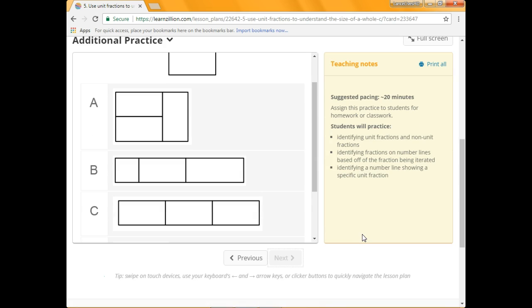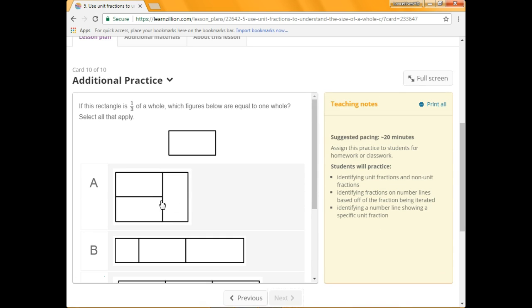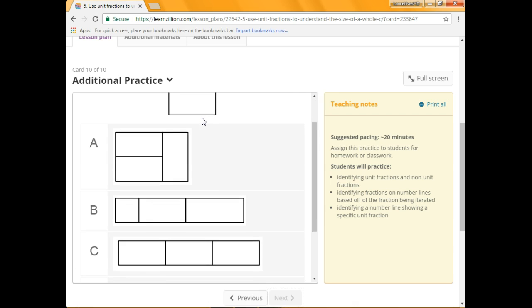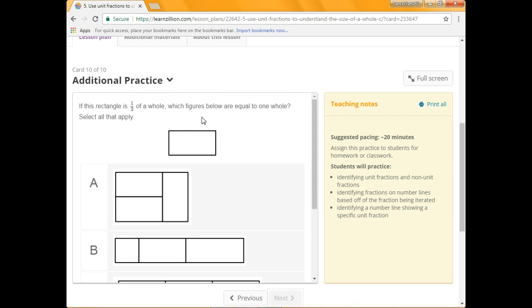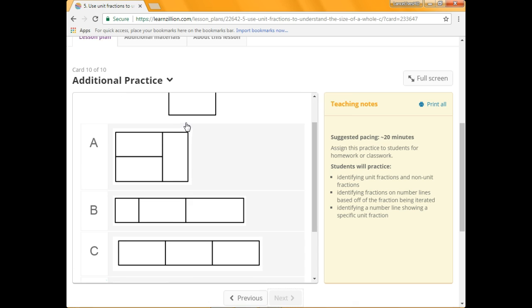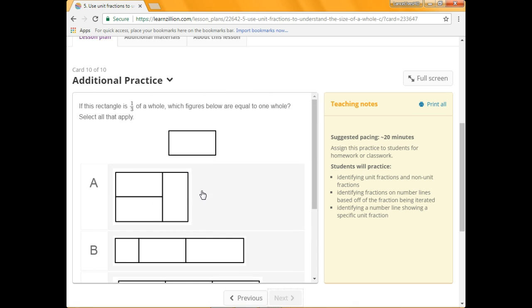And now we are on to our last practice, which will be, if this rectangle is 1/3 of a whole, which figures below are equal to 1 whole? Select all that apply. So, yeah, this one could be correct because it has three of these rectangles, and it can be.